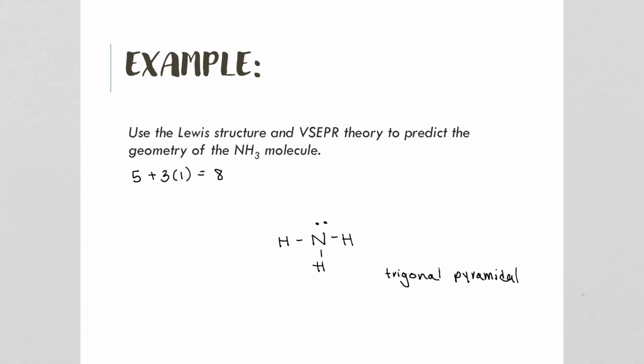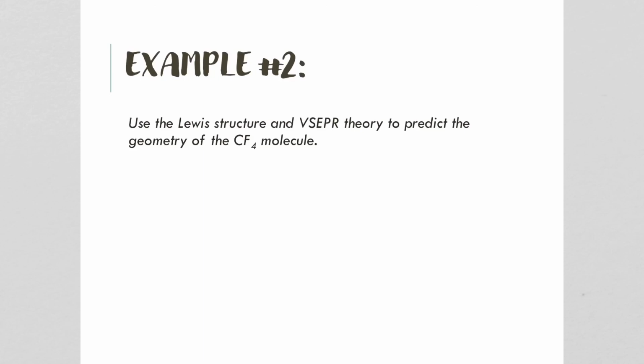Then actually we should be drawing it so that 1 will be coming into the page, 1 will be going out of the page, and 1 flat. That would be how you would draw it. So it's trigonal pyramidal.